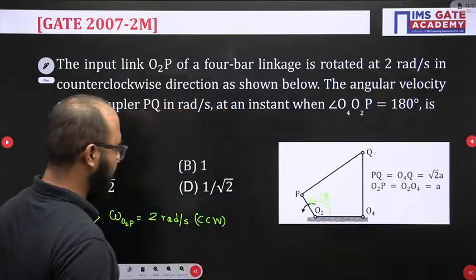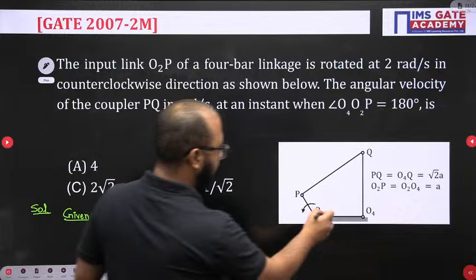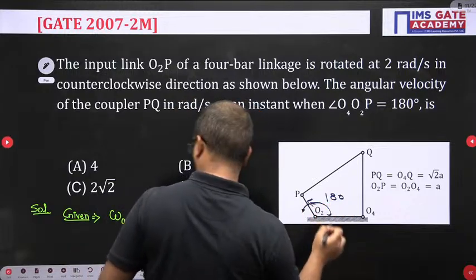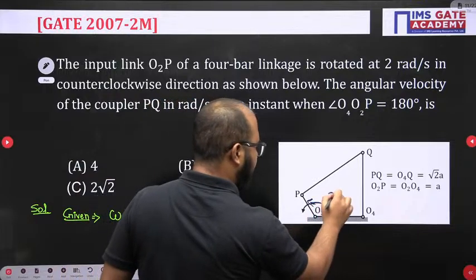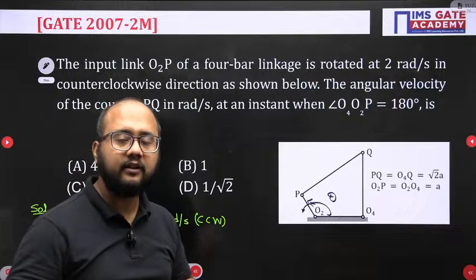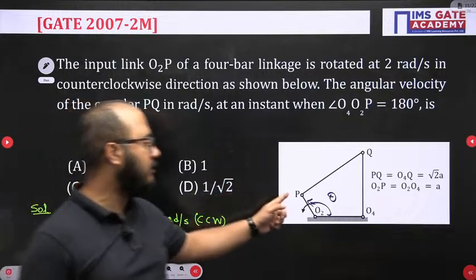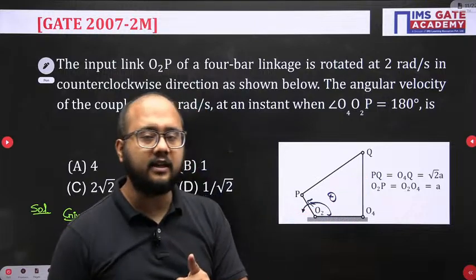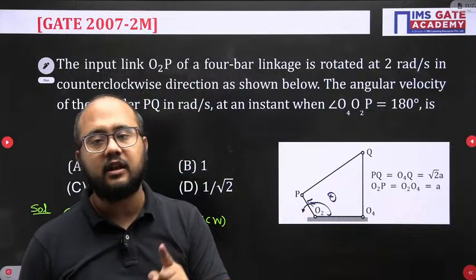Okay, let me use a different color here. When this theta angle becomes 180 degree, for that condition we need to find the angular velocity of link PQ. So the very first step here is we need to draw the correct configuration diagram.